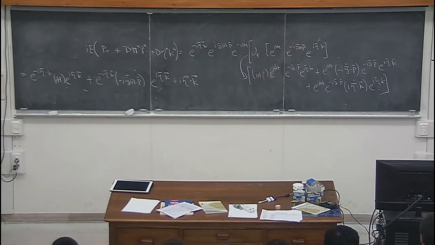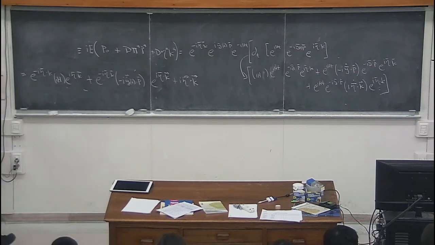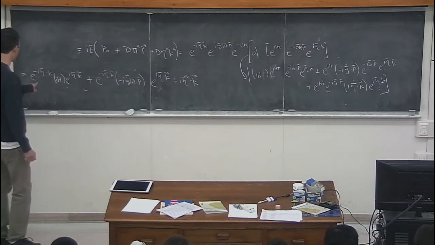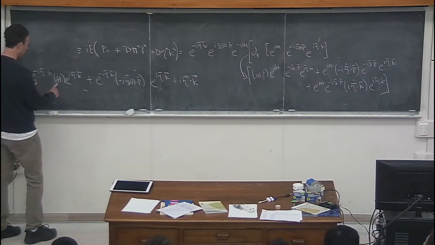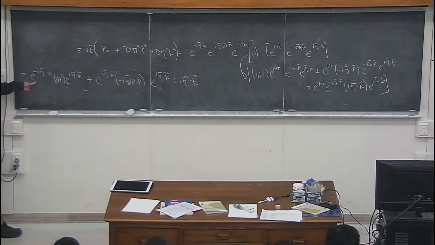Okay, so now we're going to equate it with this. So what happens to e to the minus ikh, e to the ikh, e to the minus i eta? This is just a boost on H, right?